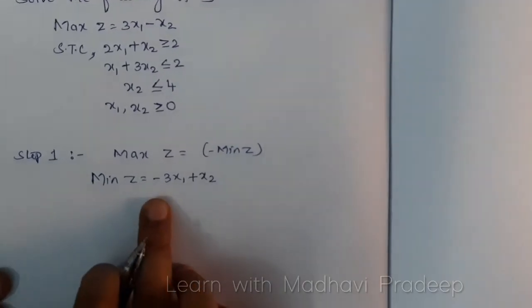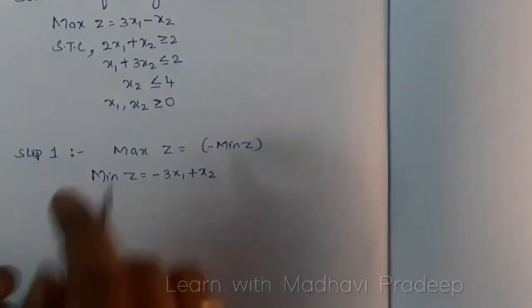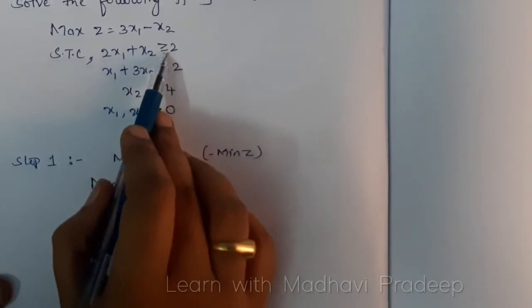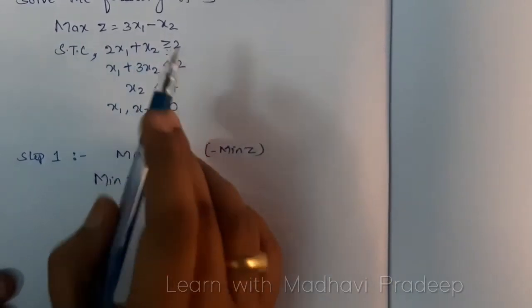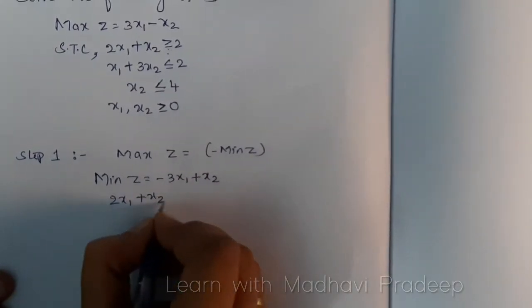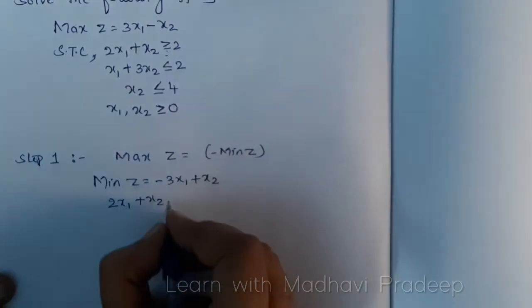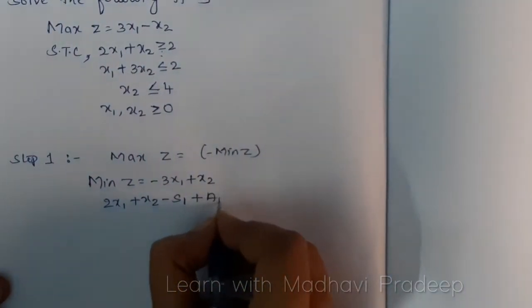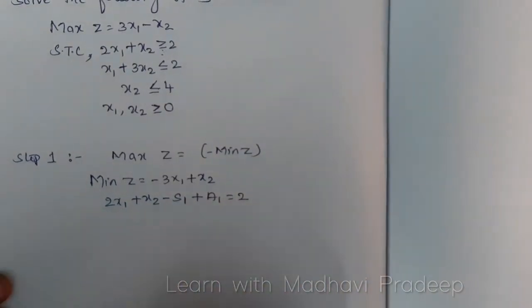Now step 2 is, let us take down the constraints. The first constraint condition is greater than or equal. If the constraint condition is greater than or equal, subtract a surplus variable and add an artificial variable. So 2x1 plus x2, here it is greater than or equal, so subtract surplus variable s1 and add artificial variable a1, that is equal to 2.